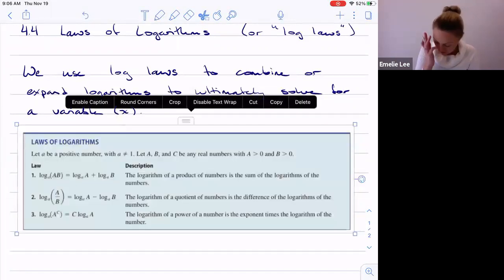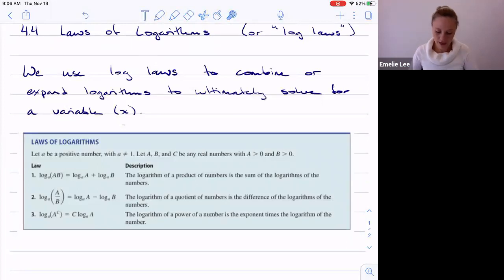All right. So what we have looks simple enough, right? We've got these 3 logs. And so what we need to remember is that these are the only things that we can do. So you'll see some scenarios where it might be tempting to combine logs, but we actually can't. So these are the only 3 things that we can do with logs.